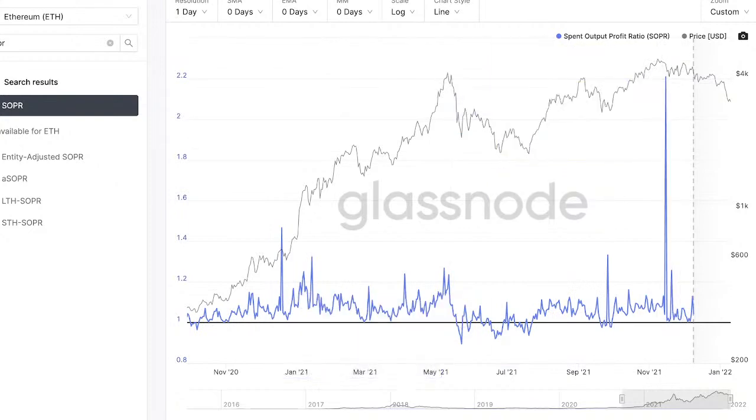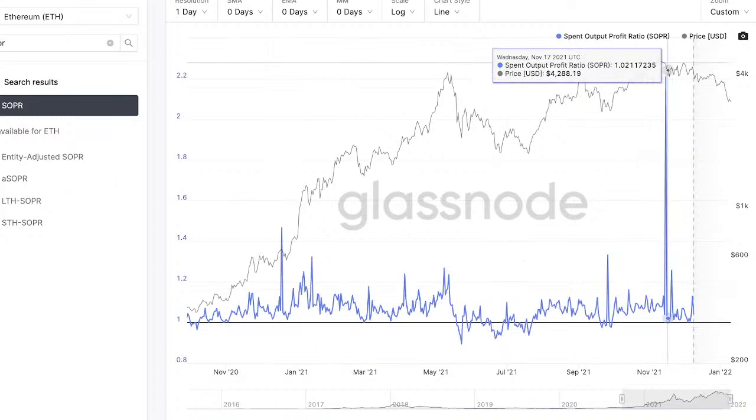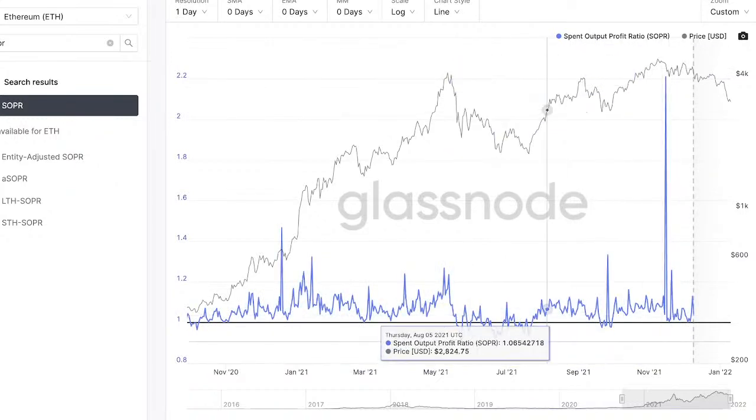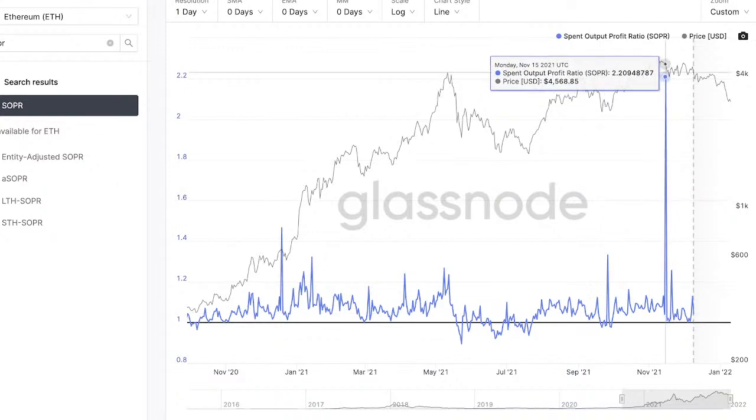The SOPR shows us, for each dollar that they invested in Ethereum, how many dollars they got back for it.